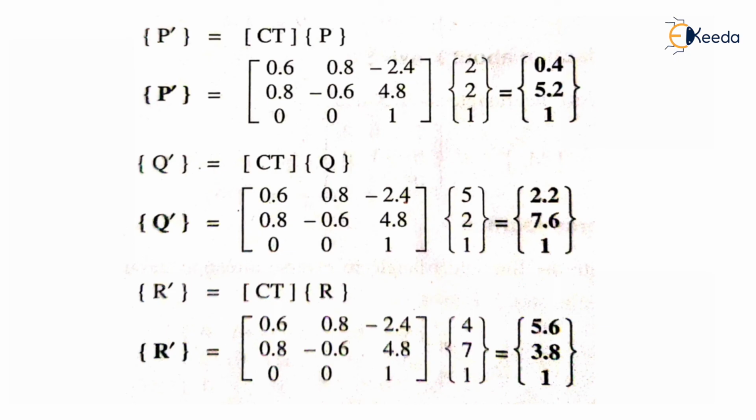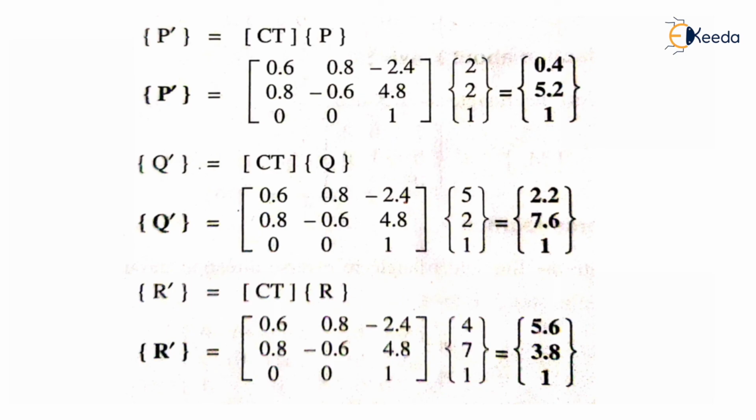So P dash will be, as I showed previously, that we can write CT and directly PQR. I can also write it separately like this, so this is another method. You must understand that we can write CT multiplied by P, CT multiplied by Q, and CT multiplied by R separately to find P dash, Q dash, R dash.